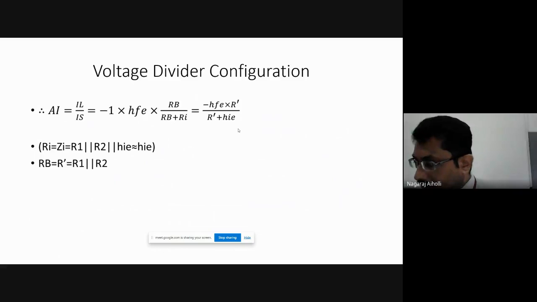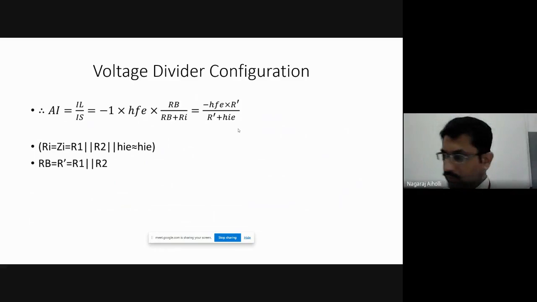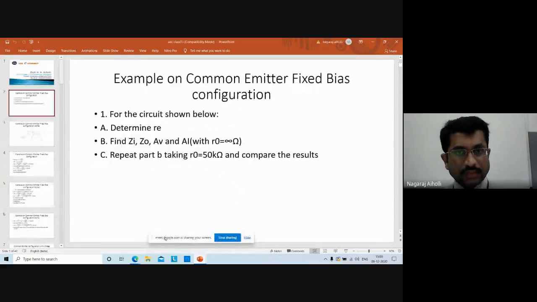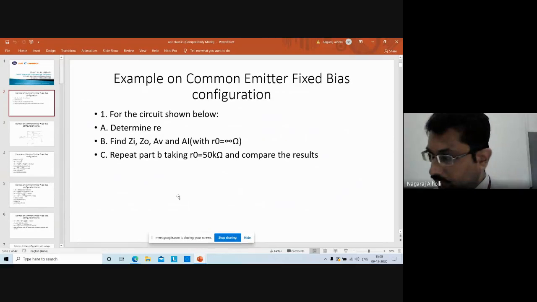Next, let us take up question number 15. It's a numerical on common emitter fixed bias configuration. So this is a numerical which is asked in question number 15. I have put it in the form of a statement.